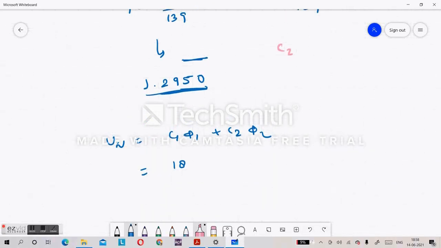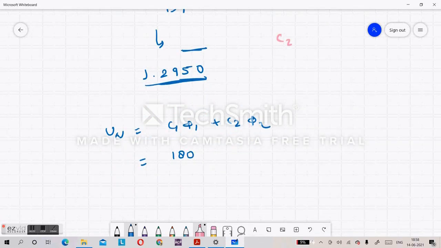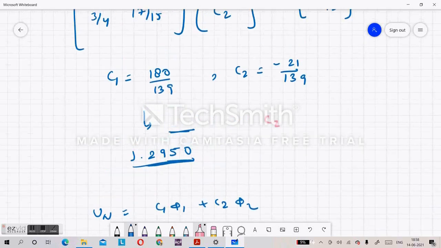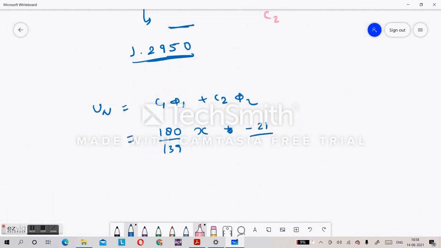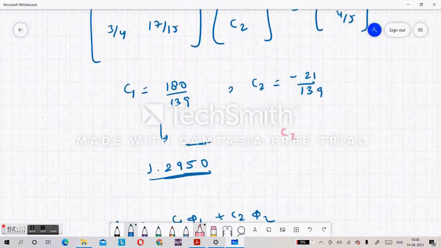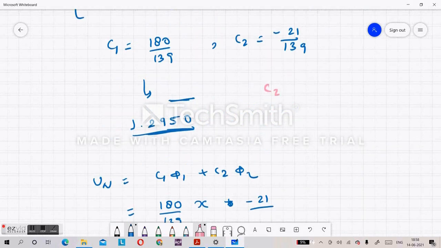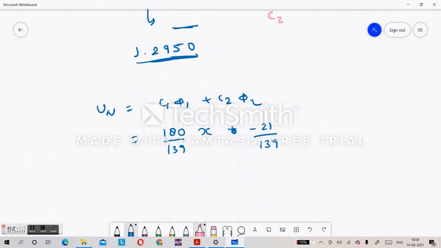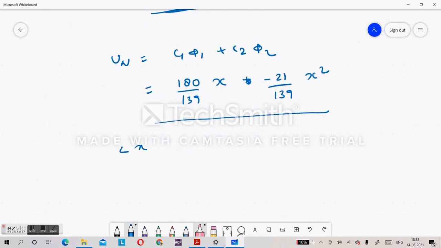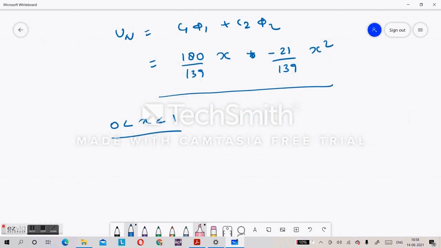Now finding the solution, un equals C1 phi 1 plus C2 phi 2, where the C1 value is 180 upon 139, phi 1 is x, as we already saw, the C2 value is minus 21 upon 139, and phi 2 is x squared. Finally, this is our solution, and x lies between 0 and 1.